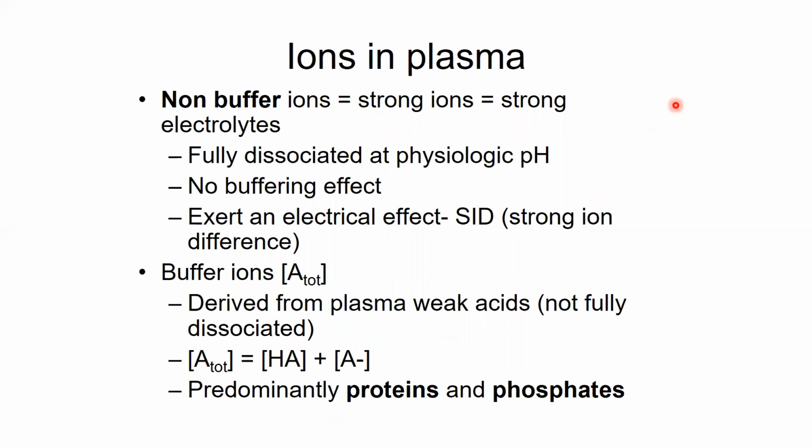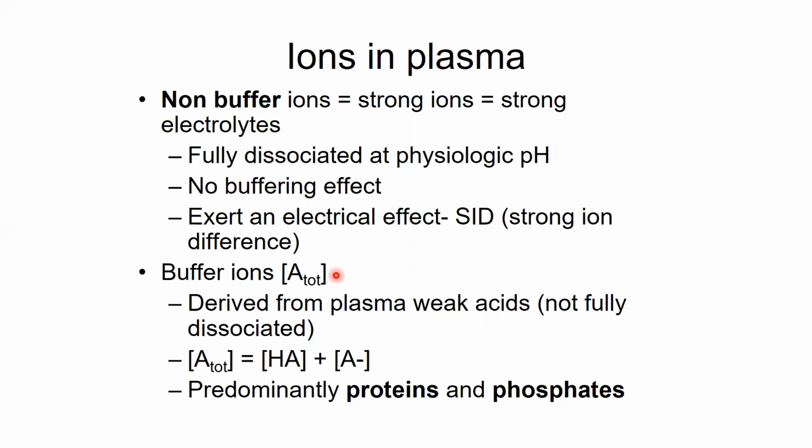So let me introduce these non-buffer ions. They are the strong ions that we've already talked about. Sorry, let me introduce these buffer ions. The non-buffer ions are the strong electrolytes that we've already discussed.